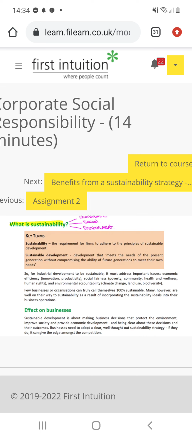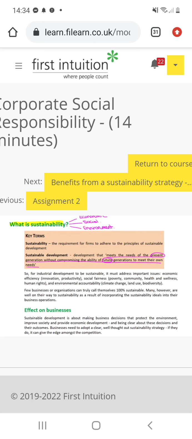Sustainable development is development that meets the needs of the present without compromising the ability of future generations to meet their own needs. So, we're looking at if we continue doing what we're doing now, that it doesn't stop people in the future doing the same thing and meeting their own needs.